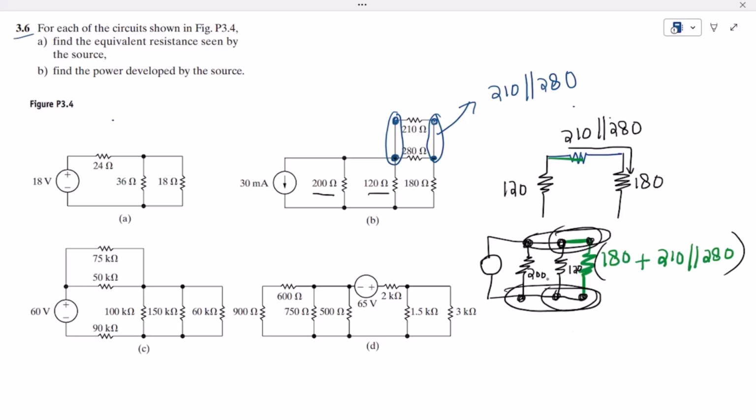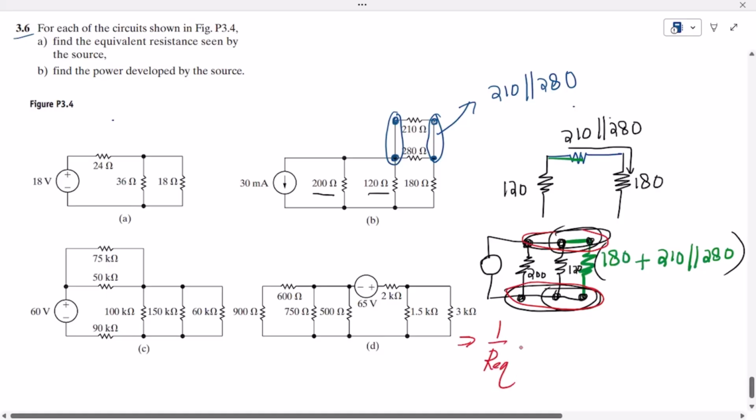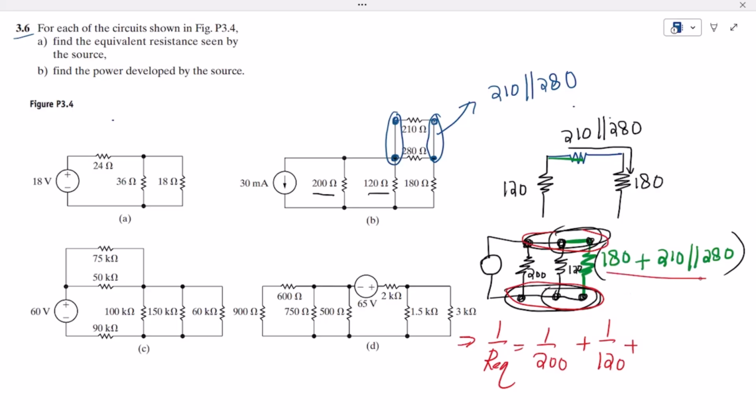In order to find the equivalent of these three, let me use the red color. To find the R equivalent: the first resistor gives 1 over 200, the second gives 1 over 120, and the last one is 1 over 180 plus 210 in parallel with 280.